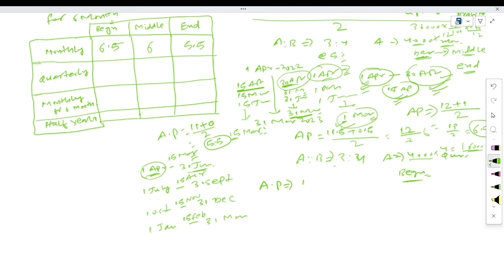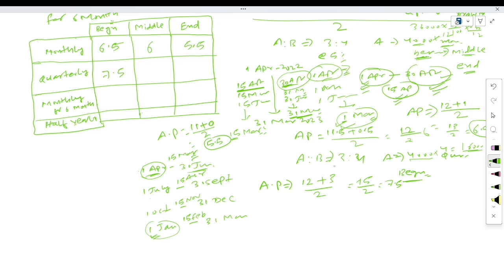We will write here 12 plus number of months left after last drawing. He is withdrawing the amount at the beginning of the quarter. Last quarter this is, and beginning, it means on 1st January he will withdraw the amount. Then how many months will be left here? January, February and March. It means 3 months will be left here, upon 2. 15 upon 2, it means 7.5. This will be the average period here, 7.5.